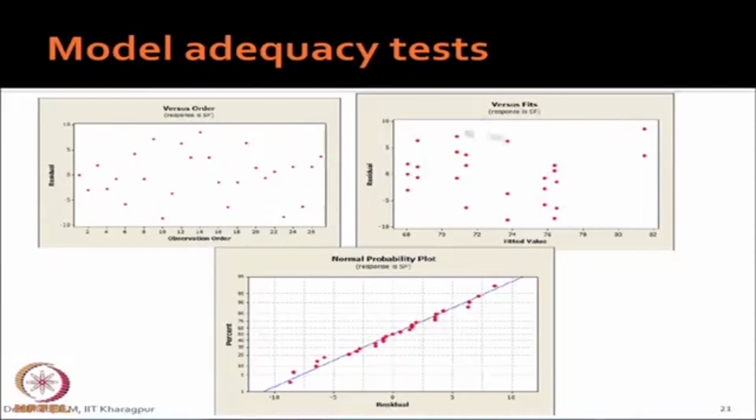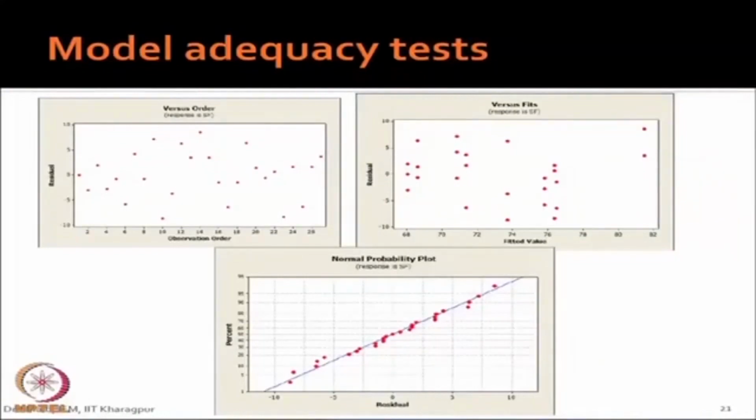Here also you are not finding much, the pattern is basically not showing departure from equal variability. So, the adequacy part is also tested.